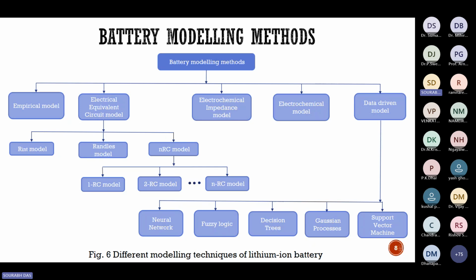Then the NRC model comes, which can be 1RC to NRC. The 1RC model adds one parallel RC circuit, accounting for the dynamic voltage response. The 2RC model consists of two RC circuits, and it can capture both the short-term and long-term dynamic behavior.